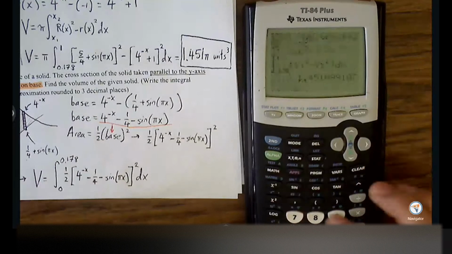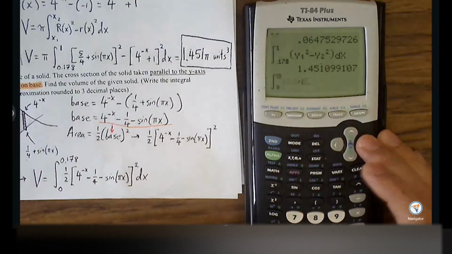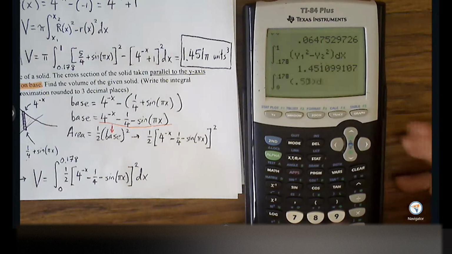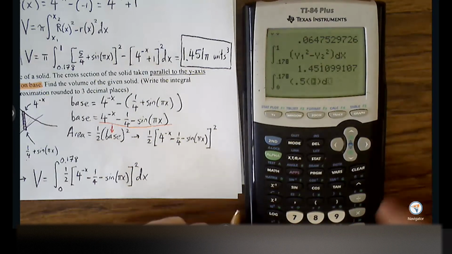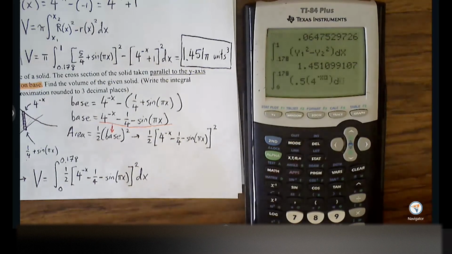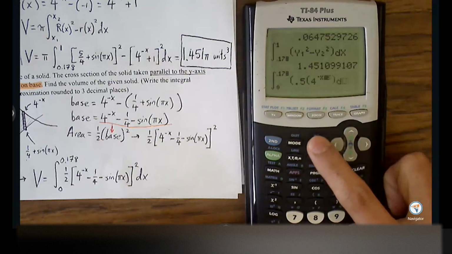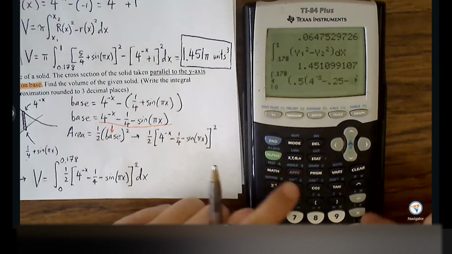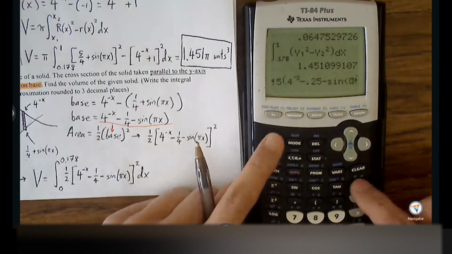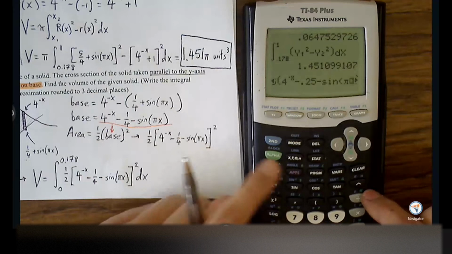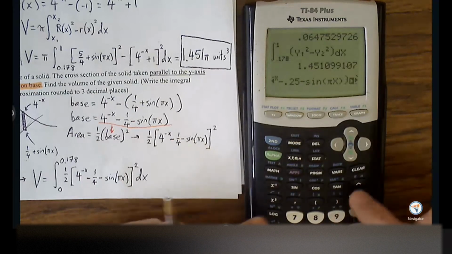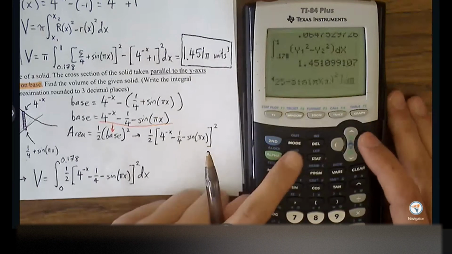All right, math 9. To the negative x. Close parentheses squared dx.